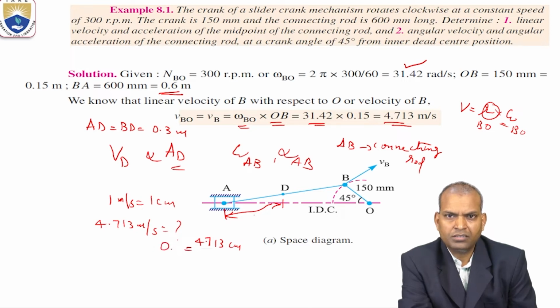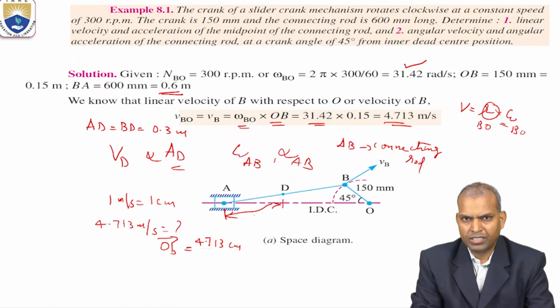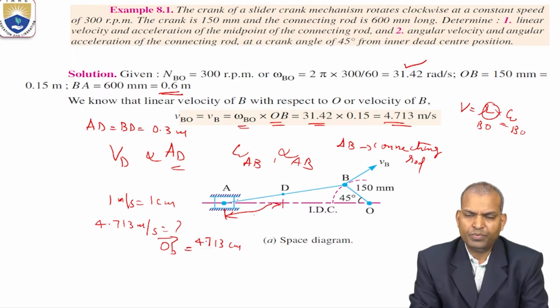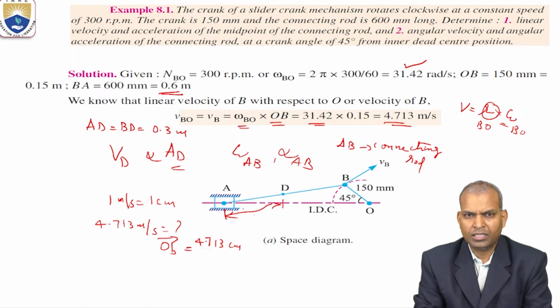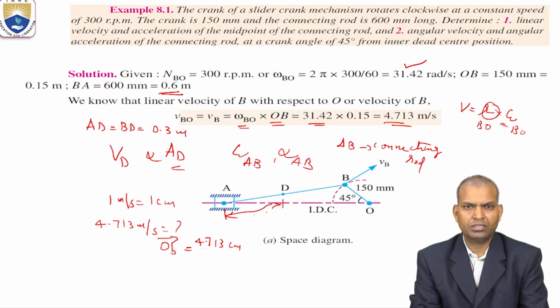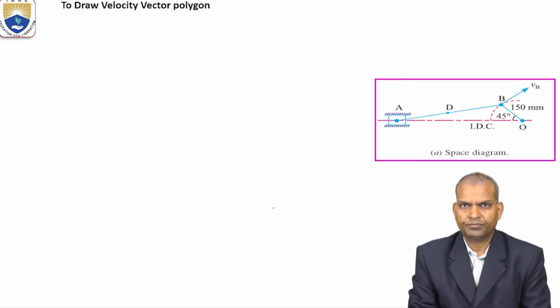That is the vector OB. So we have to take a suitable scale and convert it to vector scale and draw the velocity diagram. Here the given diagram is a space diagram or configuration diagram. So we have to redraw the configuration diagram in your answer script in order to draw the velocity diagram and acceleration diagram. So let us begin.